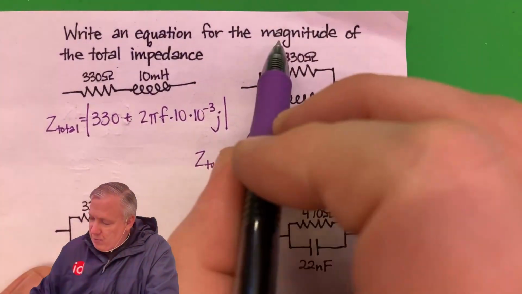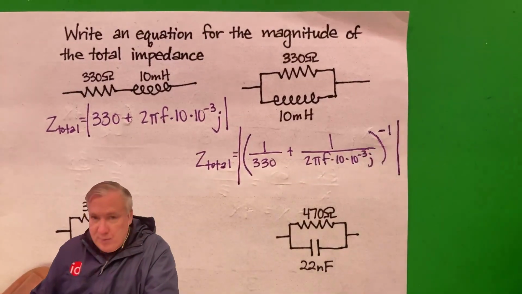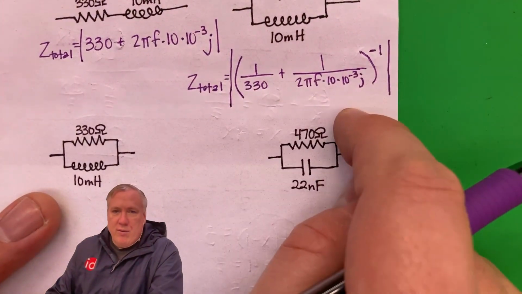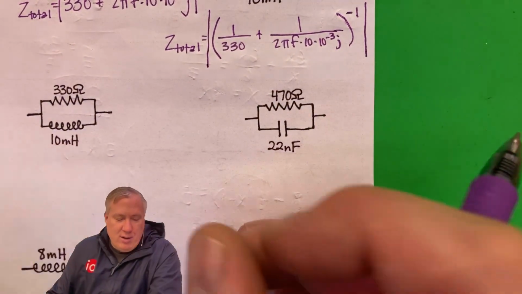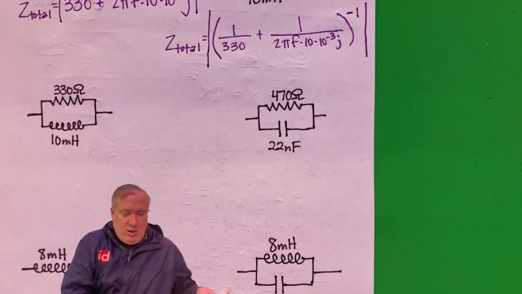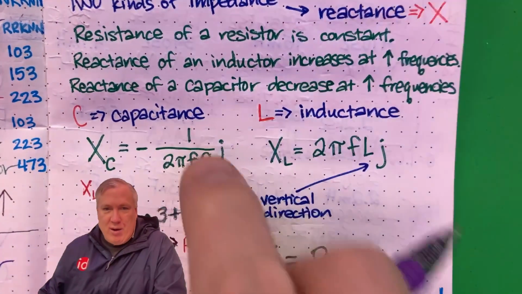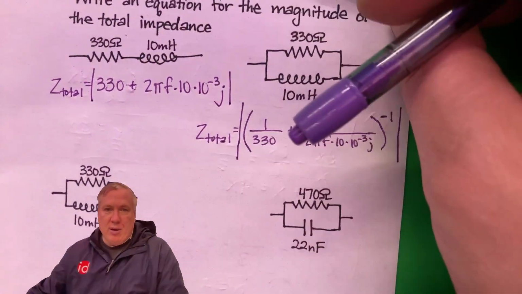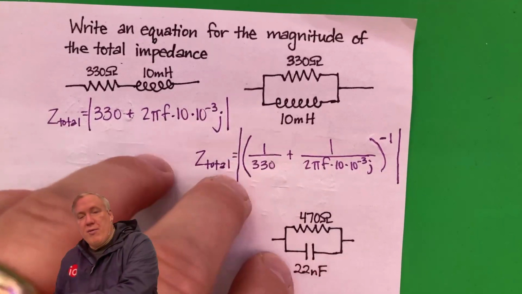And then it's the magnitude, so when I'm done, I take that whole formula and I put absolute value. Okay? And this is how you do that. So if you're doing parallel, you do 1 over and 1 over. If you have a capacitor, the formula for a capacitor is a fraction, so you will have 1 over a whole fraction, and that's okay. You'll have 1 over that whole fraction when it comes to a capacitor. And so, yeah, you'll work through that. We'll spend most of our time on Friday working through this.